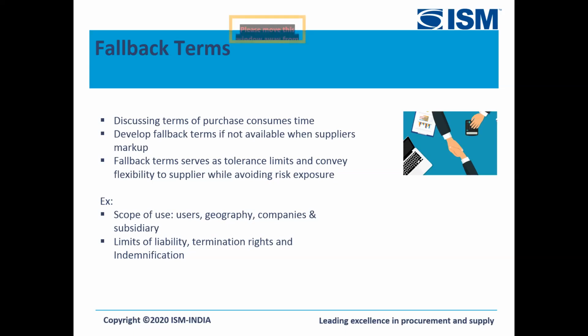It can be done either if we are able to have a legal feedback, or it can be done basis the past negotiations that you have done on terms. So you can keep a database of how those terms were negotiated. For example, when you do limits of liability, maybe your standard clause would be like $10 million or $20 million, but there might be a situation where the project size is so small, the supplier would like to reduce it to say one times the project price, or 2 times the project price.